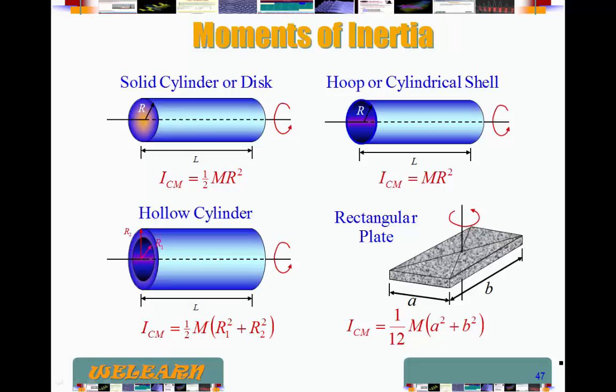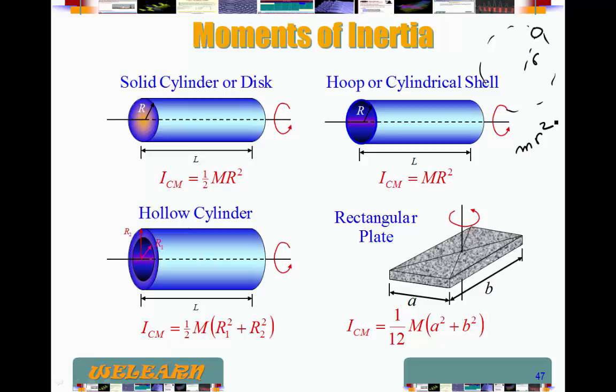As mentioned earlier, if I have a mass going in a circle of radius r, its moment of inertia or rotational inertia is just mr squared. Now, what about more intricate shapes?